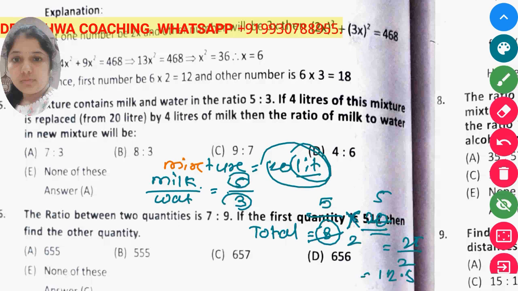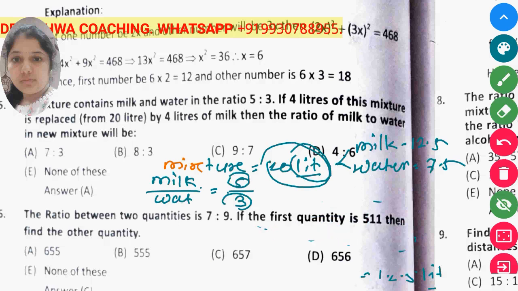So 12.5 liter is milk in the mixture. Now if in 20 liters 12.5 is milk, then how much is the water? So water is 7.5.